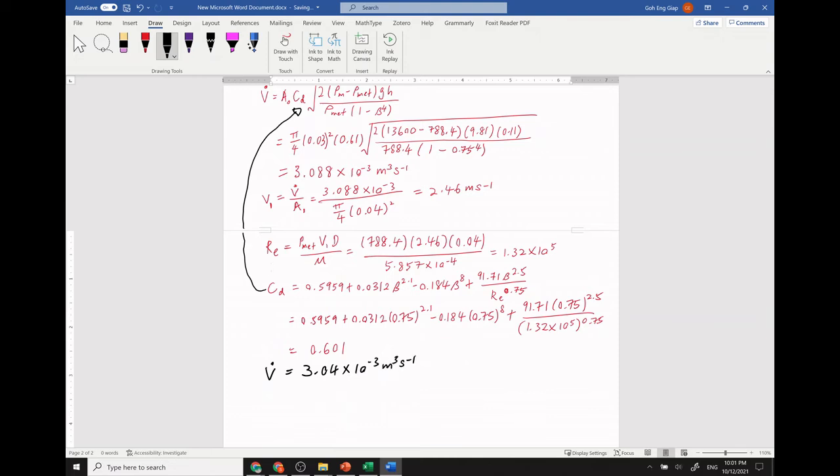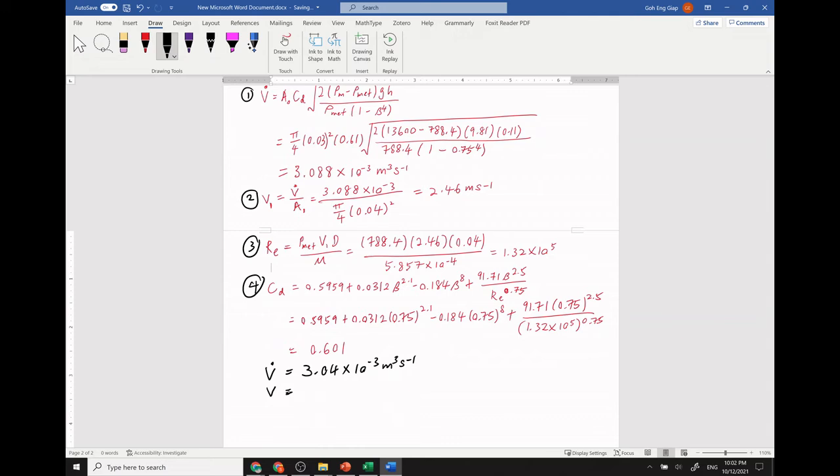All right, and then from the flow rate we calculate the velocity. Okay, so we just repeat the calculation. So we repeat this calculation 1, we repeat this 2 and 3 and then 4. Okay, so repeat the 1, we get 3.04 10 to the power negative 3 meter cube per second.